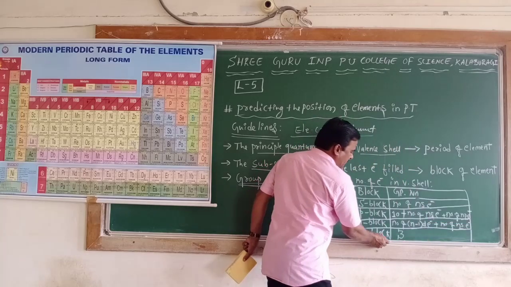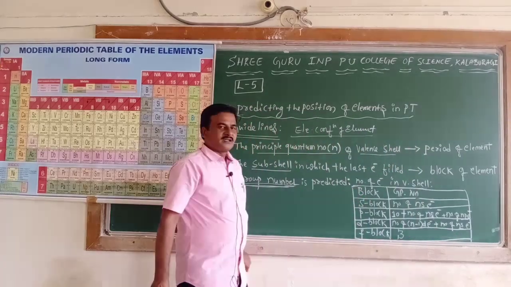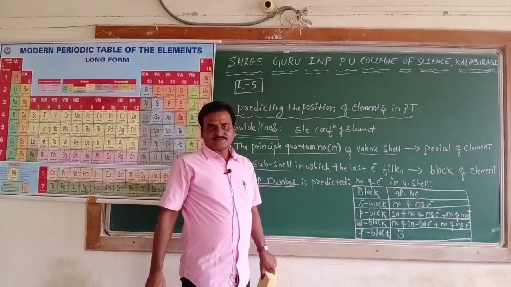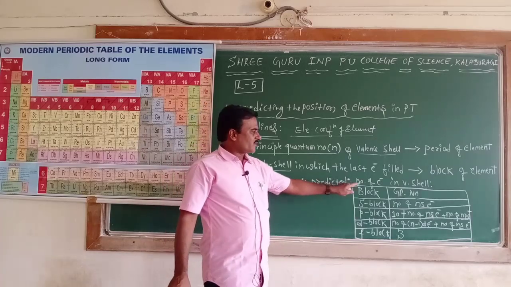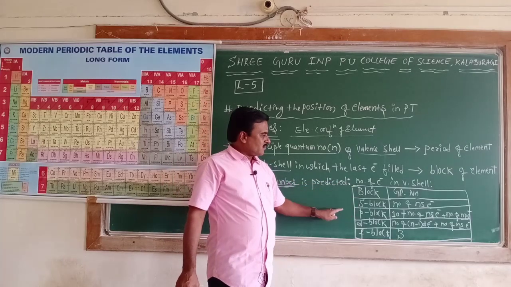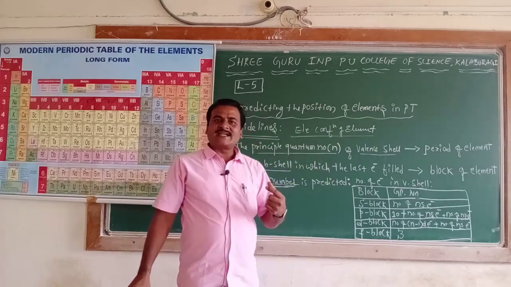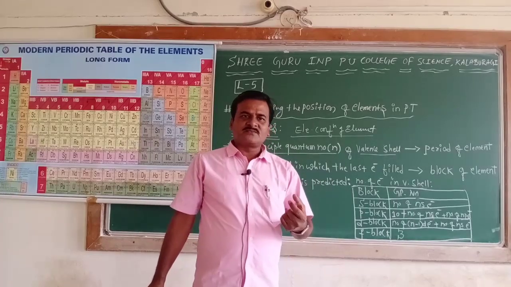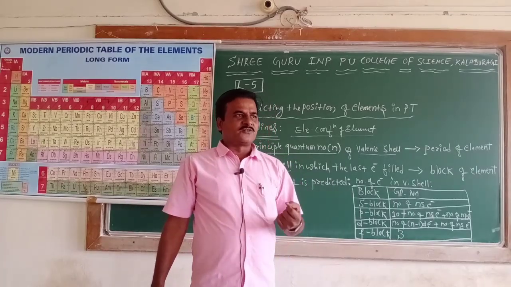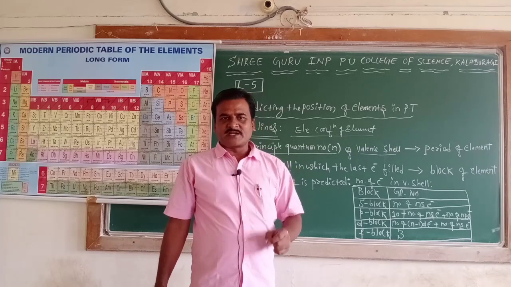Lastly, the group number of the f block is fixed, it is 3. So if you remember this table, and based on these guidelines, let's take some examples of locating the position of an element in the periodic table.